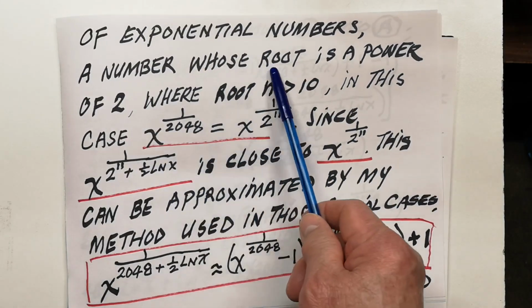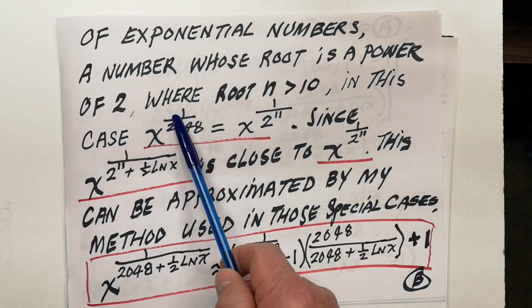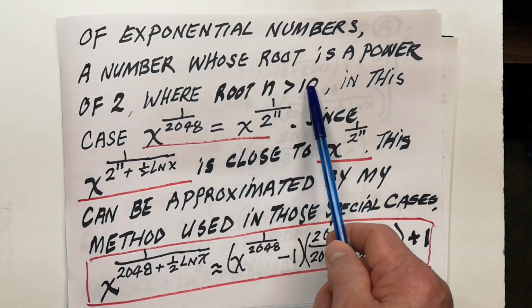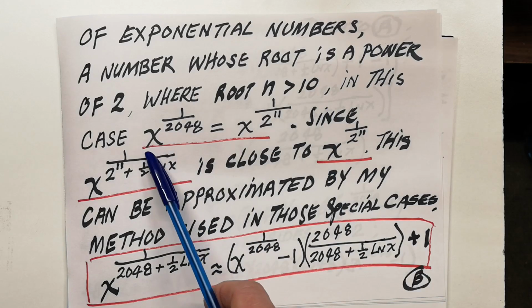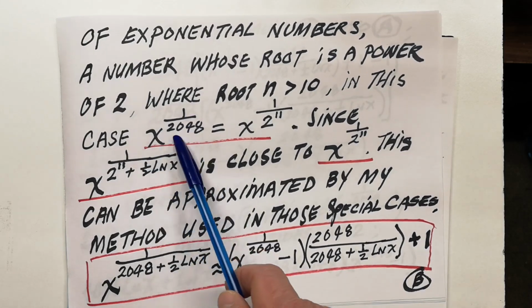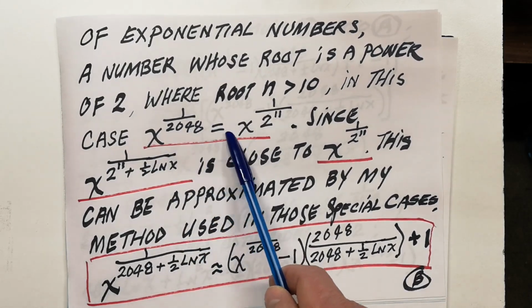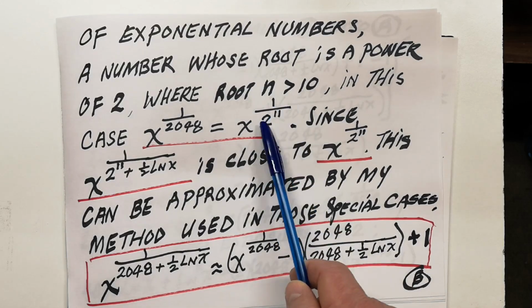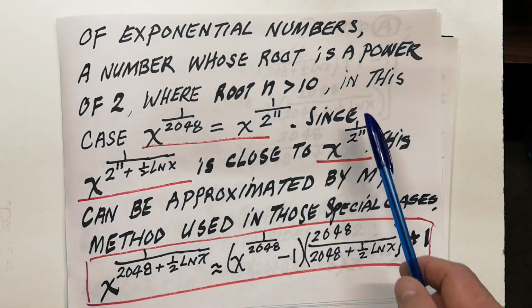A number whose root is a power of 2, where root n is greater than 10. In this case, x raised to the 1 over 2048 equals x raised to the 1 over 2 to the 11th power.